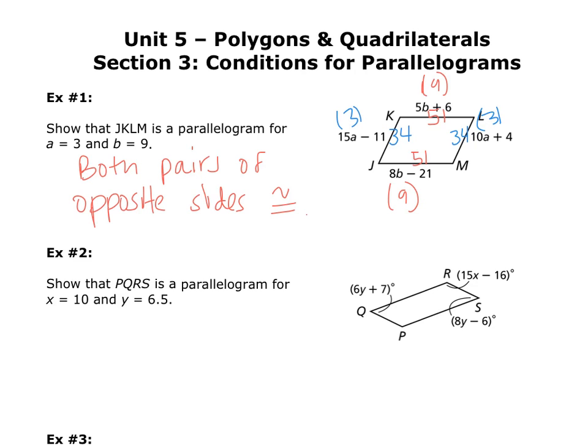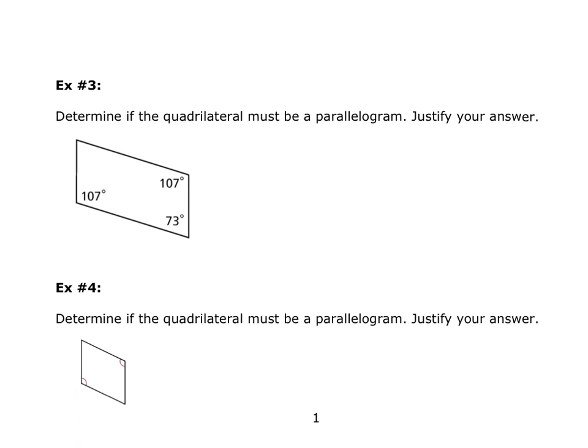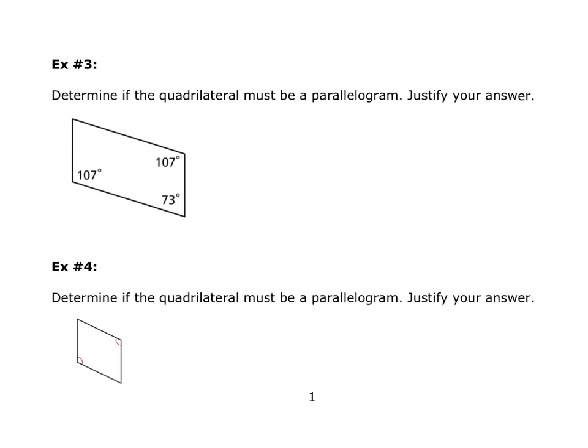Okay, we're not going to go through every problem, so I'm going to skip down here to number 3. Number 3, we are asked to determine if the quadrilateral must be a parallelogram. Justify your answer. When it says justify, those are the theorems that we're going to have to link it to. When I see this problem, what I see are 3 angles: 107, 73, and 107.